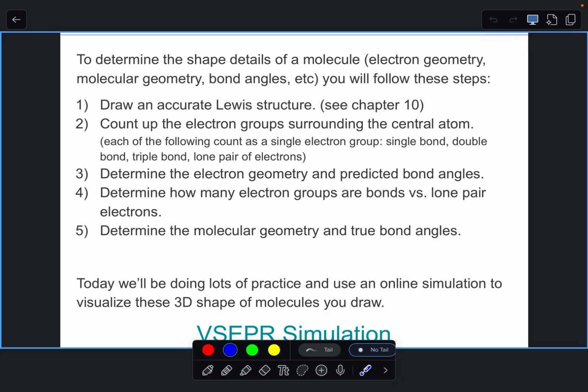All right, so we are moving on from talking about the two-dimensional representation that Lewis structures give us to talking about how these molecules look in real life. And the reason why we care so much is because the shape of something has a huge impact on how it's going to act in nature.